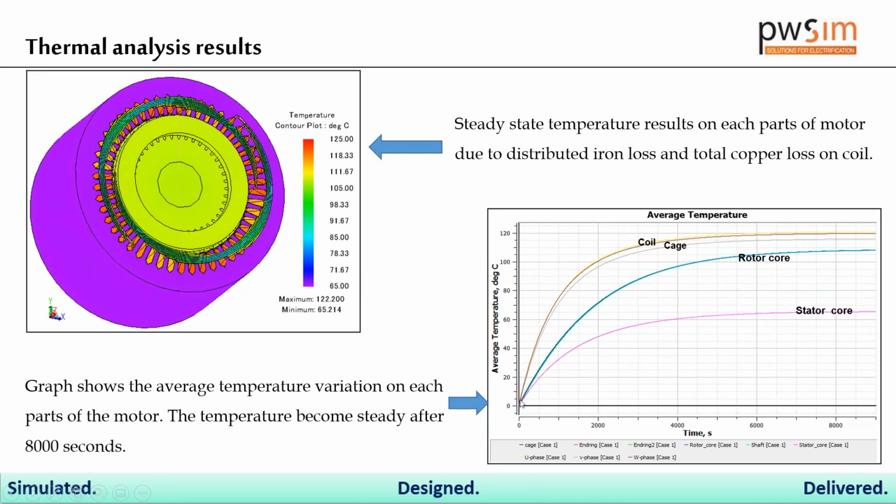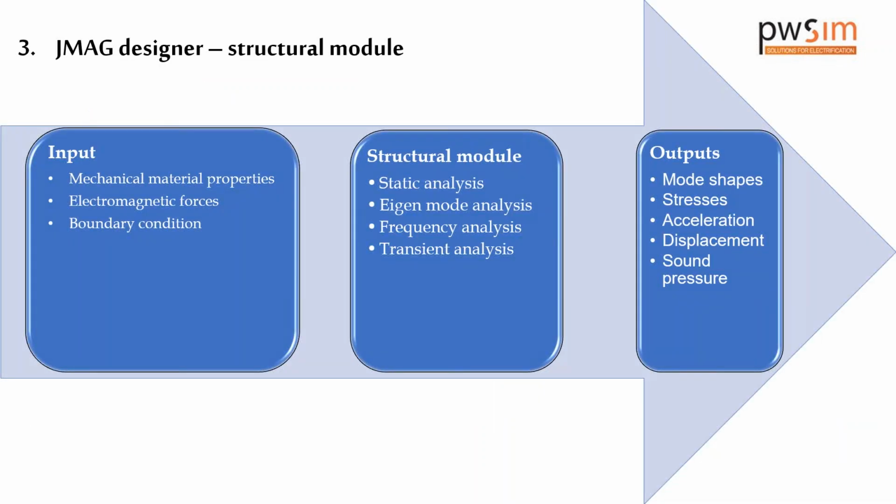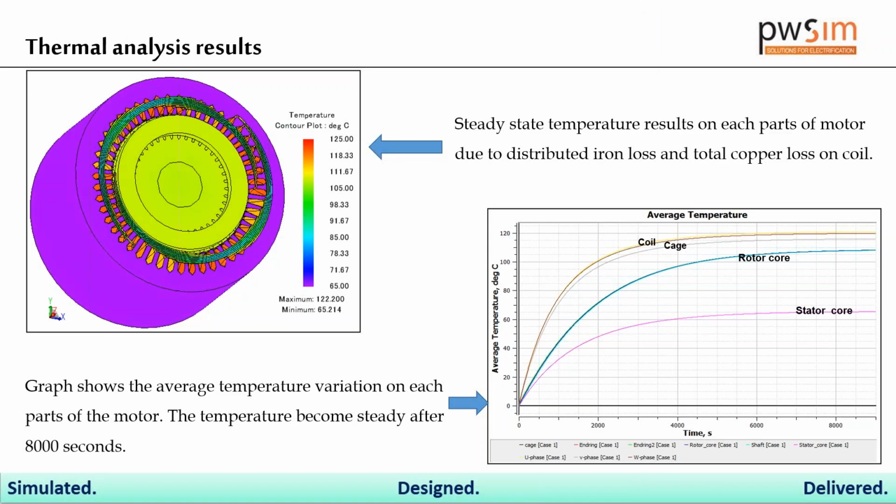It is increasing from a temperature of 0 degrees Celsius as the motor is running, and it reaches up to 120 degrees Celsius when it finally settles, or the motor is stopped, or the steady state is reached. This simulation was performed for a time period of say 8,000 seconds. You can accelerate the simulation based upon certain inbuilt solvers within the JMAG Designer. So this is about the thermal analysis part.